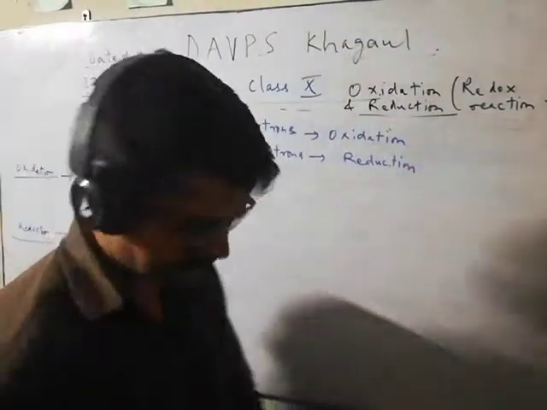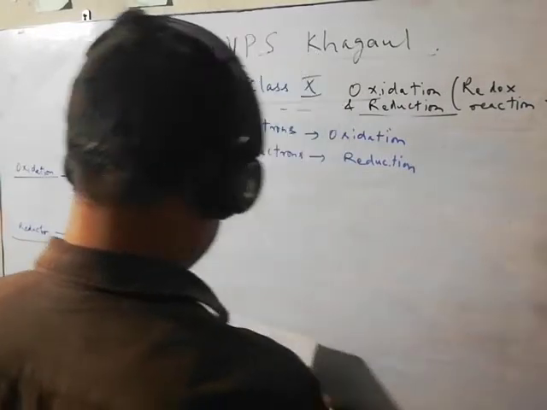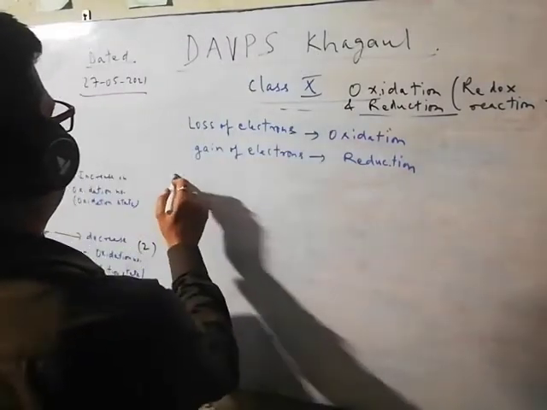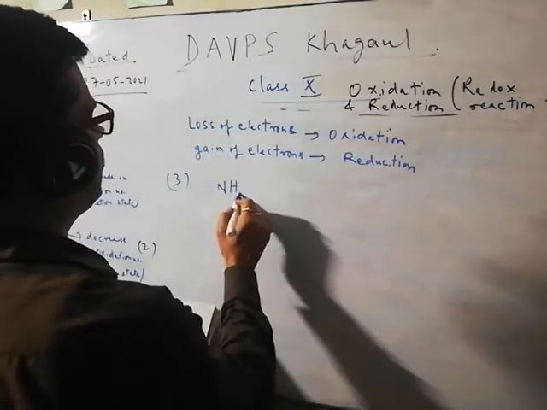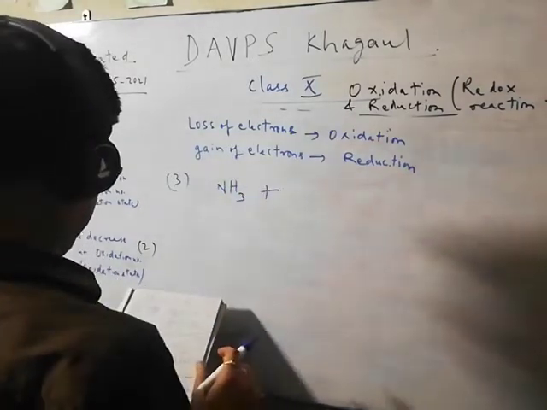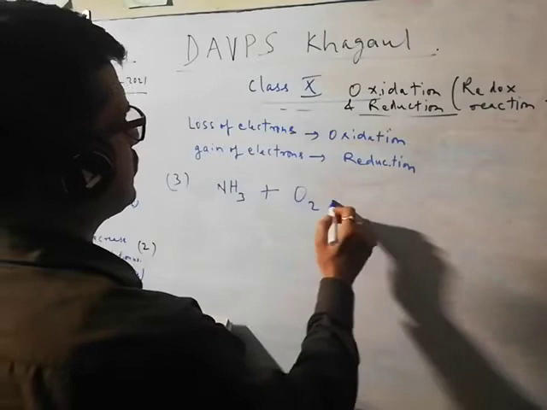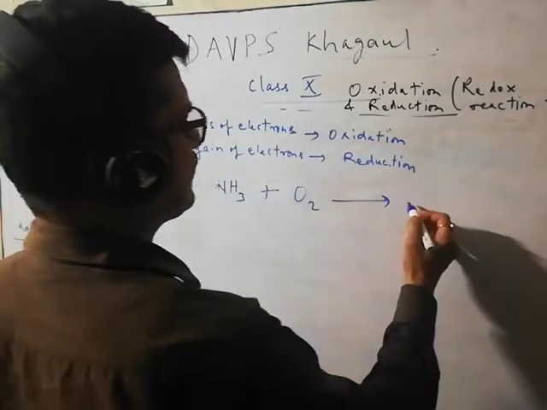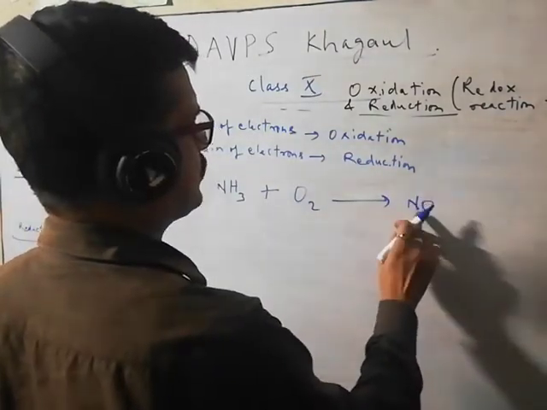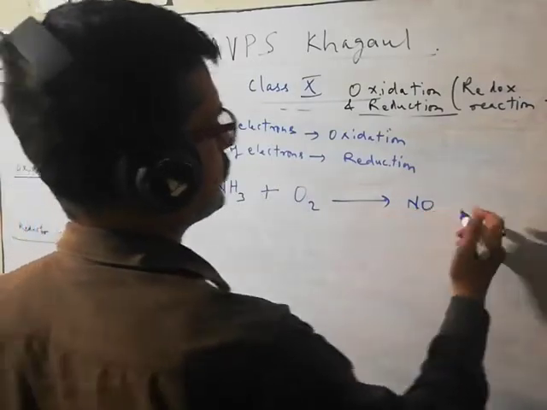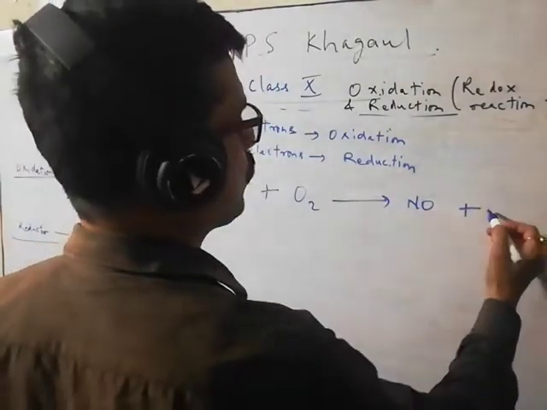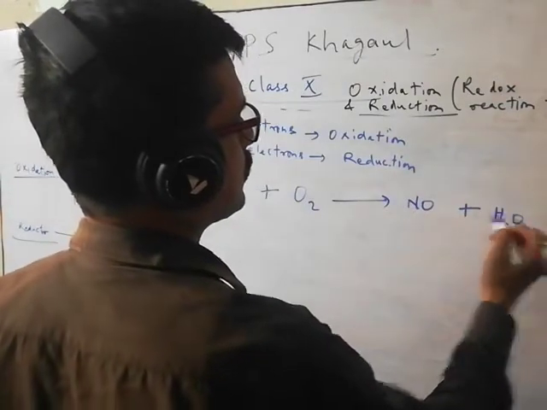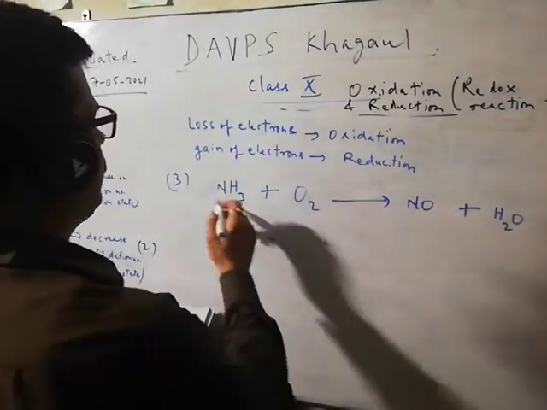I am writing ammonia reacting with oxygen, giving nitric oxide, NO, and H2O. Okay, we can balance this.